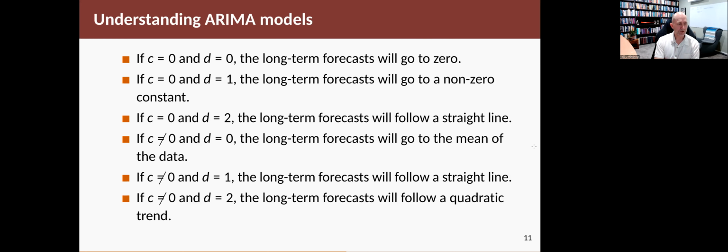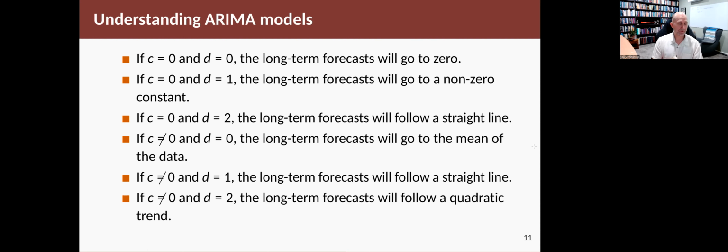If you don't have a constant, but you do have one lot of differencing, then the long-term forecast will converge to a constant, but it will not be 0. And if you don't have an intercept and you have 2 lots of differencing, that is, you've differenced and then differenced again, then your long-term forecasts will converge to a straight line.